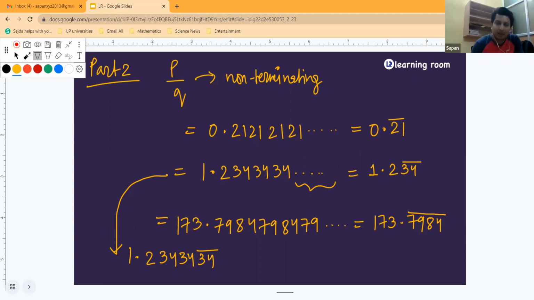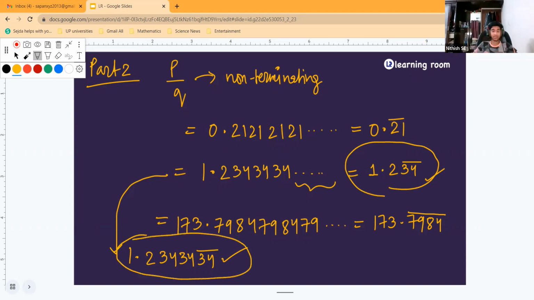Both of these numbers are same, but see the effort in this and see the effort in this. So we want the least efforts, but complete information. Everybody clear? Yes, sir. Very good.